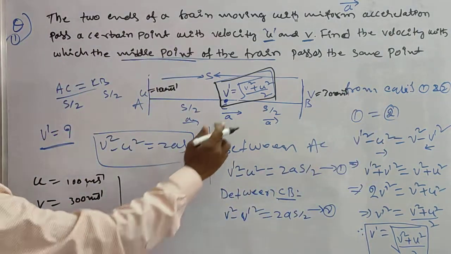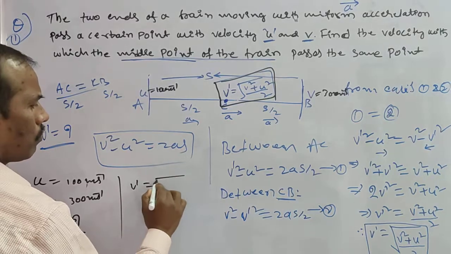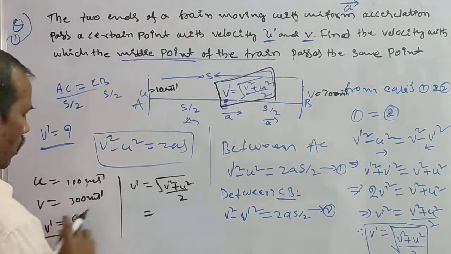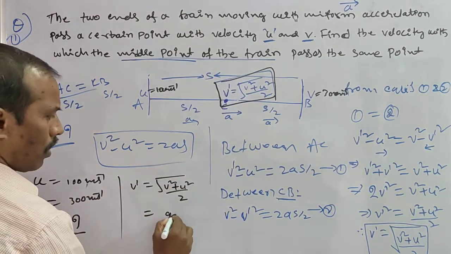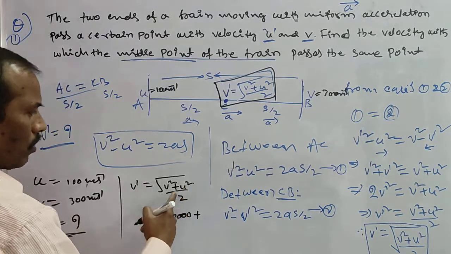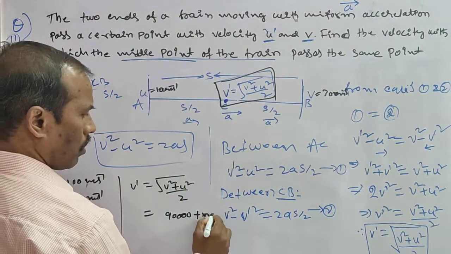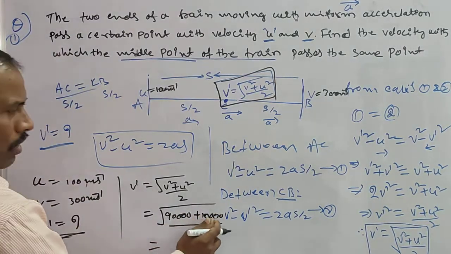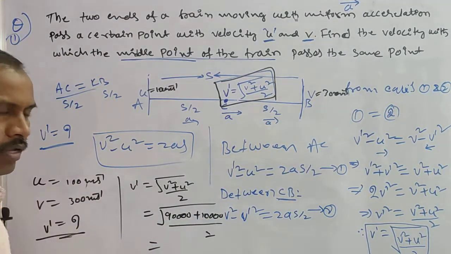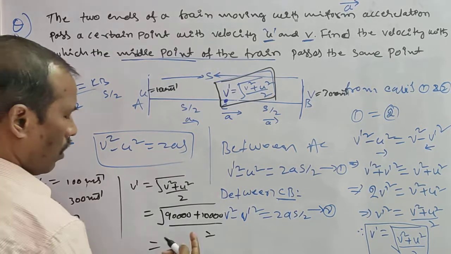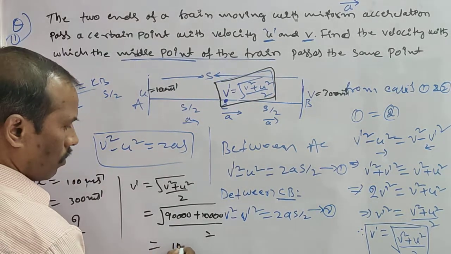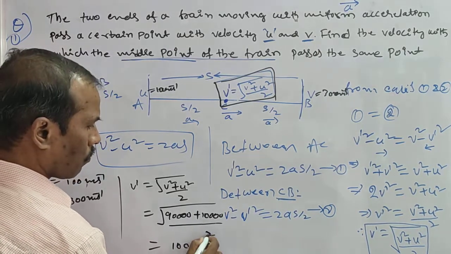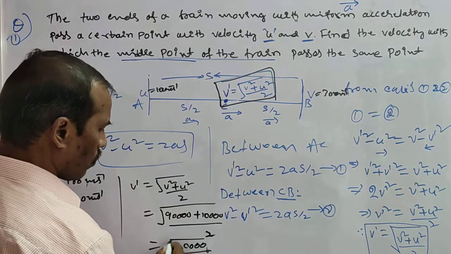So these values in this formula, v prime is equal to under root of (v square plus u square) by 2. V square is nothing but 300 square, that is 90,000, plus u square, 100 square, 10,000, by 2 under root. So 10,000 plus 90,000 is equal to 1 lakh, 5 zeros, by 2 under root.